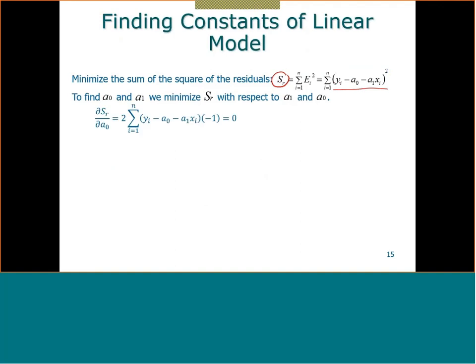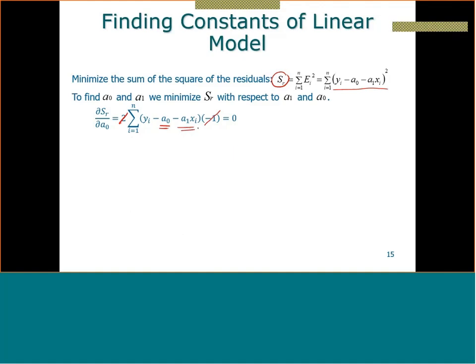The partial derivative of this is 2 times this times the derivative inside the bracket, which is -1. So the -1 and the 2 can be cancelled because this is equal to 0. Now I will take a0, a1 xi to the other side. I will come to this later.